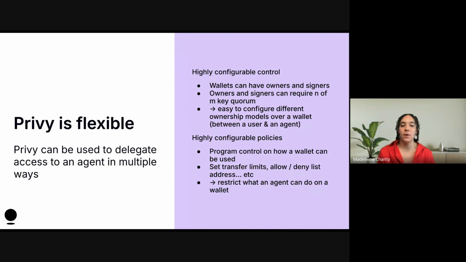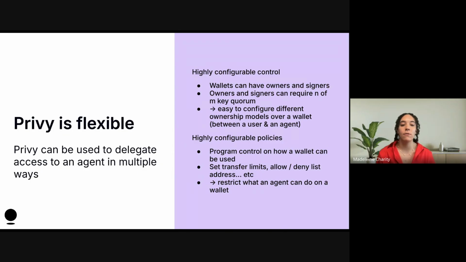how a wallet can be used. You can set policies around things like transfer limits, like how much can be sent in a single transaction. We have stateful policies, so you can do policies over multiple transactions, over a period of time. You can set allow and deny list addresses, so the wallet can only interact with certain addresses.